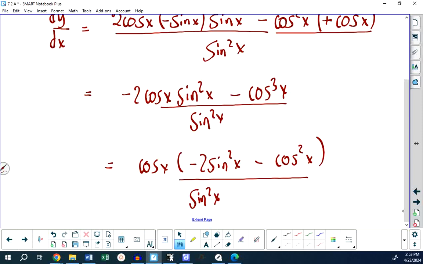Maybe you would do that if you were finding critical values of x. Right? Because then you could change this to 1 minus sine squared of x, and you'd have a way to find out the critical values. But I think when you're just finding derivatives, this is good. When we get into deeper explorations with trig derivatives, we can start talking about that.